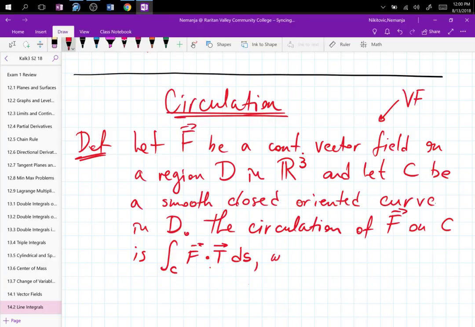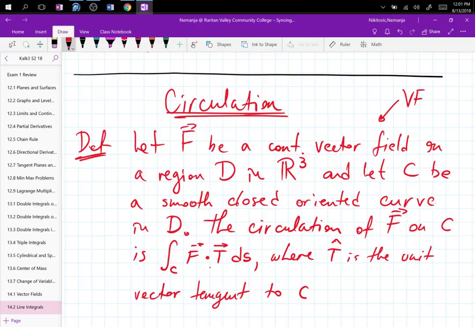Where T with the hat is the unit vector tangent to C, consistent with the orientation.